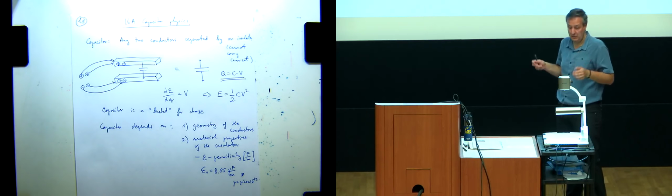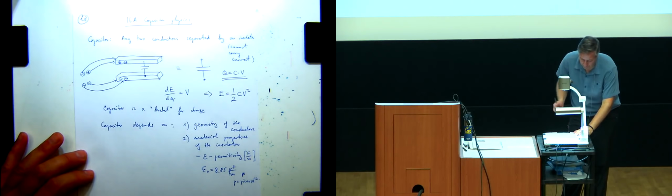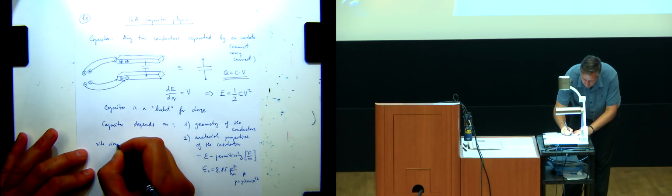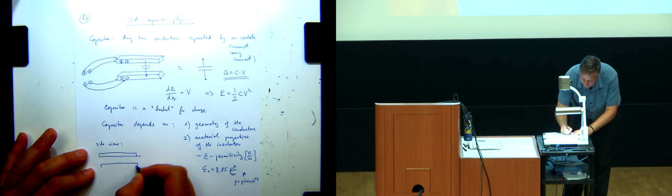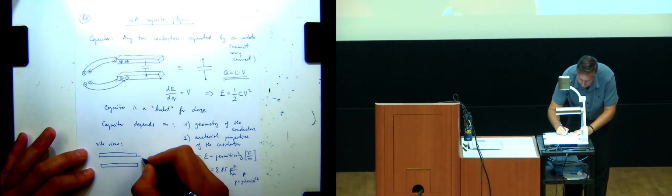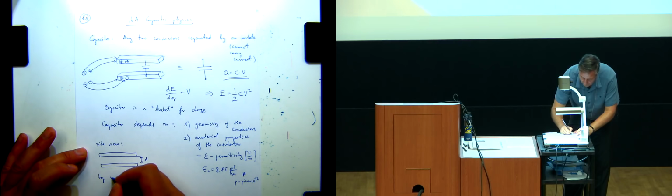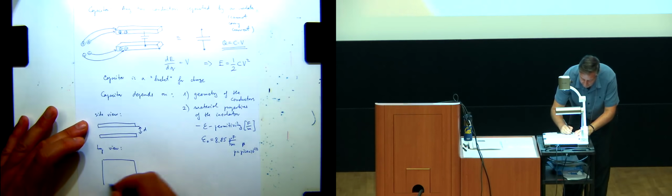That's just a scaling. So if we do the side view, it will look something like this. There's some distance d here. And in top view, there'll be some area, A.